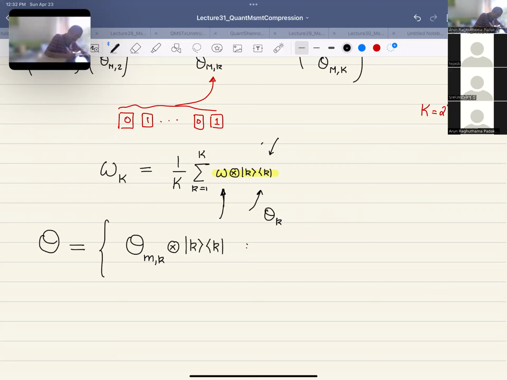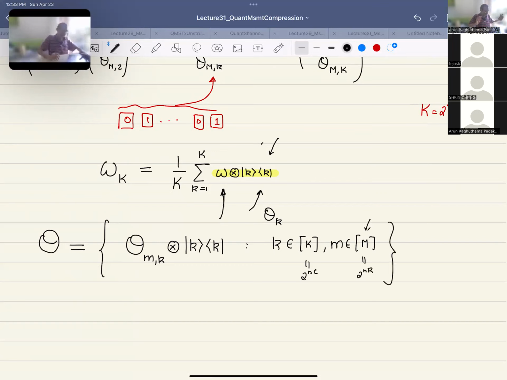Okay, that's what this means. So now I have k belonging to K. So I am doing a measurement on the classical register also. And whatever that gives me, I'm going to do that corresponding theta mk on the particle space. So that's the idea. This is just formalization. No big deal. Okay, so this is your 2 power nr. So this is 2 power nc. This is 2 power nr. So math looks crazy, but the intuition is very clear.